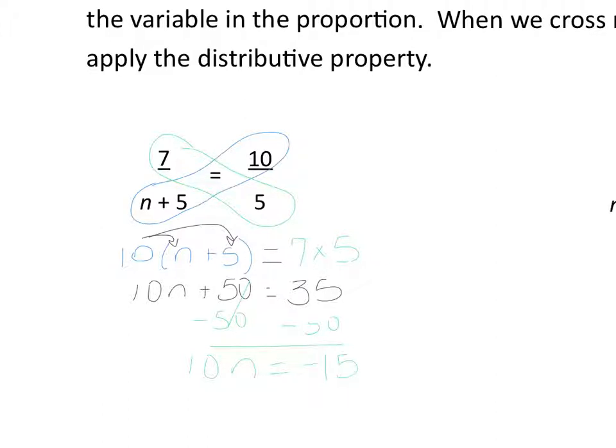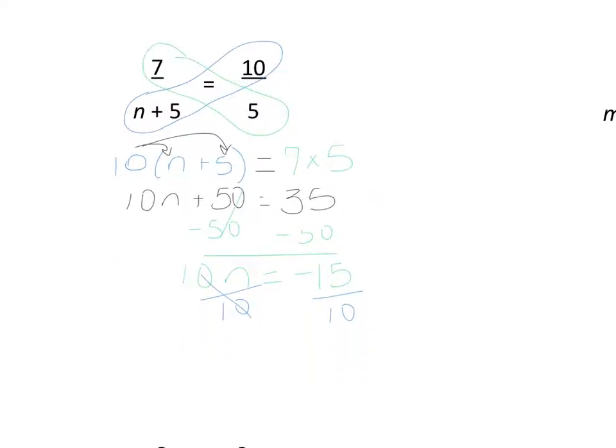Now we can come in and divide both sides by 10. And your choices at this point are to either leave it as negative 15 over 10, or to simplify it and get negative 3 over 2, or to make it the decimal of negative 1.5. Your choice as to which form you would want to leave it in.